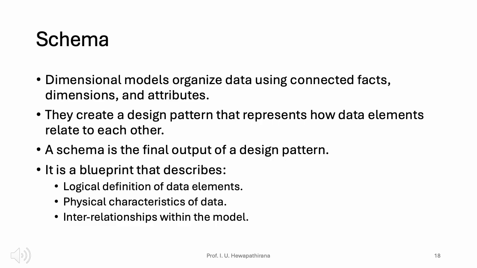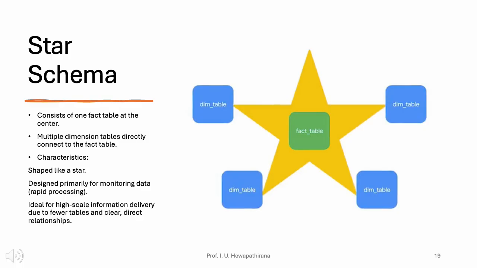Crucially, the schema does not hold data itself. Rather, it describes the shape of the data and how it relates to other structures. Every entry in the database is an instance of that schema. The star schema is one of the most widely used schema types in BI.